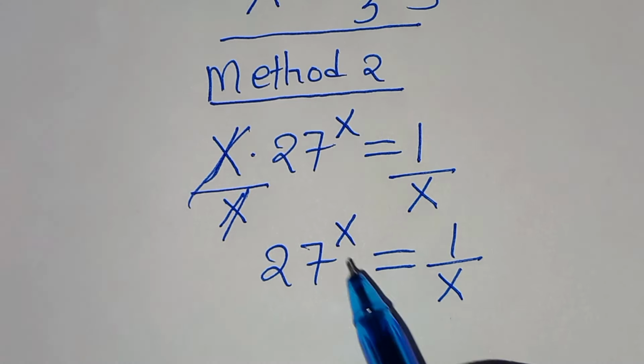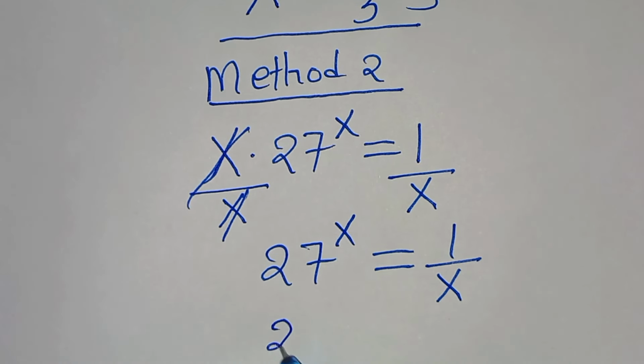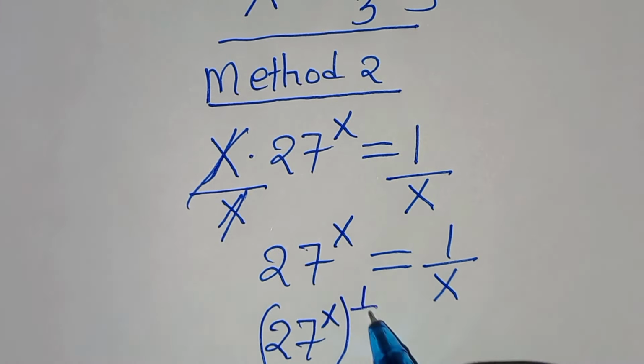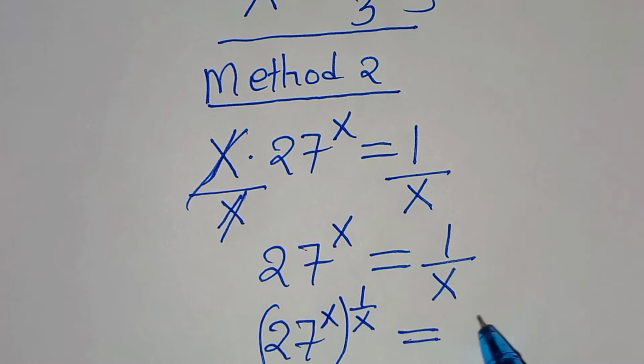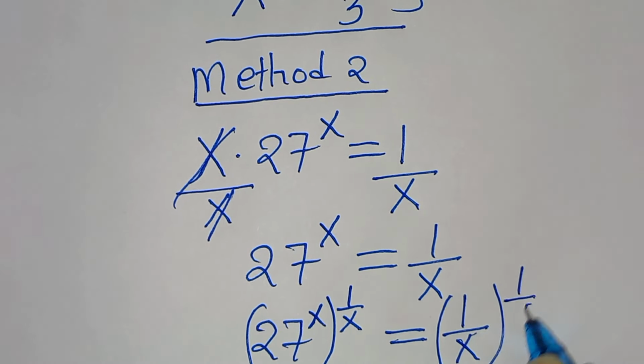The next step is to eliminate this power x, and to do that we raise both sides to the power of 1 over x.